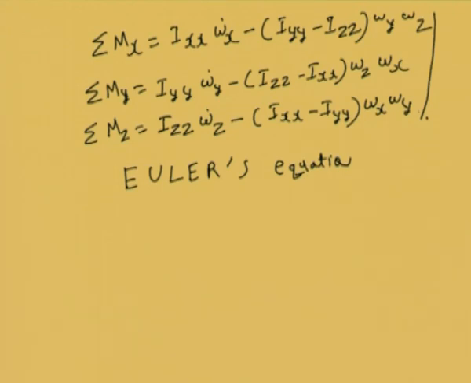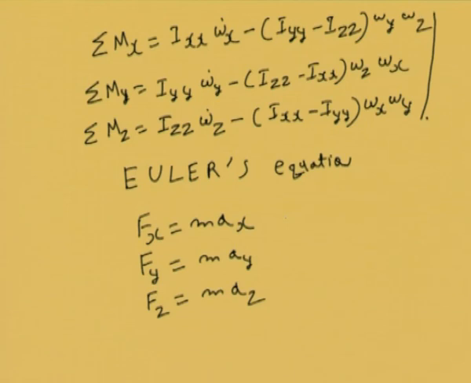That is Newton's law: Fx is equal to m times Ax, Fy is equal to m times Ay, Fz is equal to m times Az. So total 6. These 6 equations are enough to solve different types of problems.